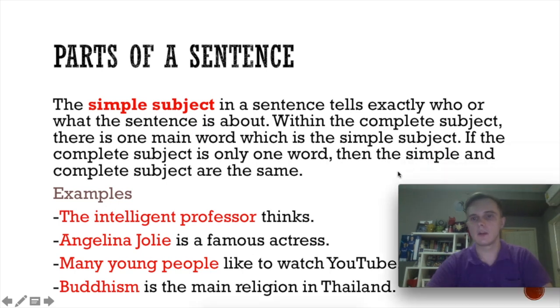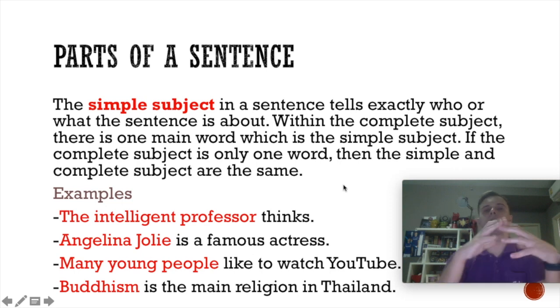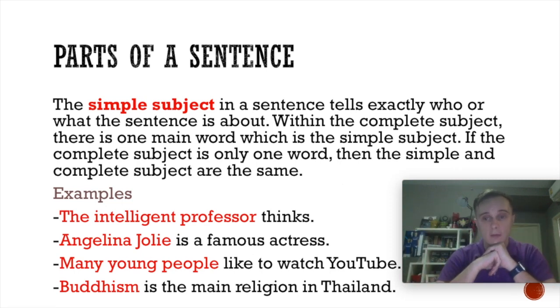So in that simple subject, the simple subject means exactly who the sentence is about. So we look at the complete subject and then we find one word, or maybe sometimes more than one word, that tells us exactly who that sentence is about. So let's look at the first one. The intelligent professor thinks.